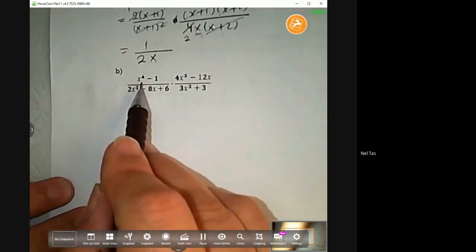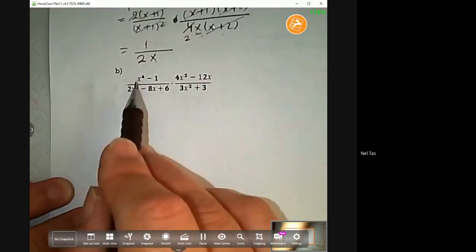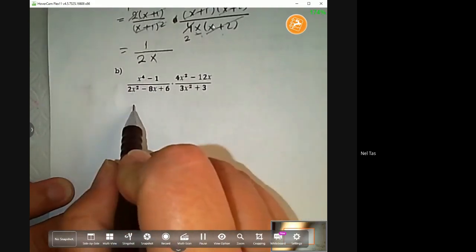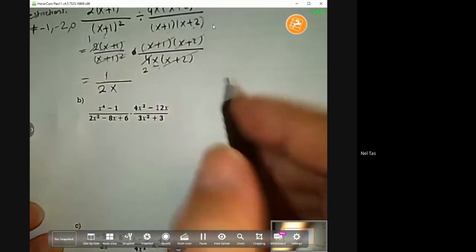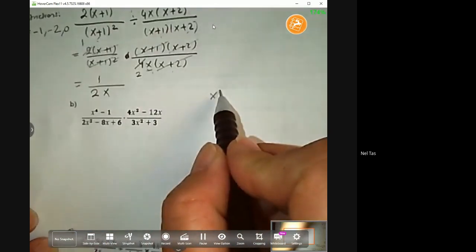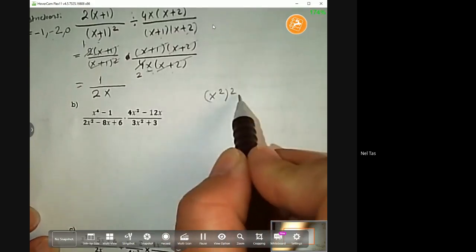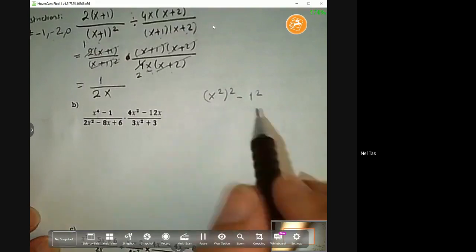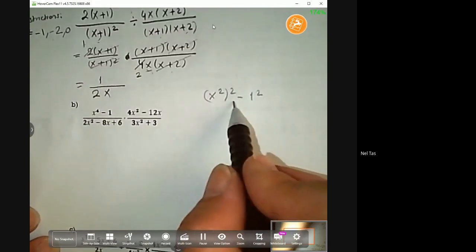Okay, let's look at B. So we're going to factor first. We have x to the power of 4 minus 1. That is a difference of squares. We looked at that kind of question before. X to the power of 4 can be written as (x squared) squared, and 1 is 1 squared. Then you have a difference of squares here.